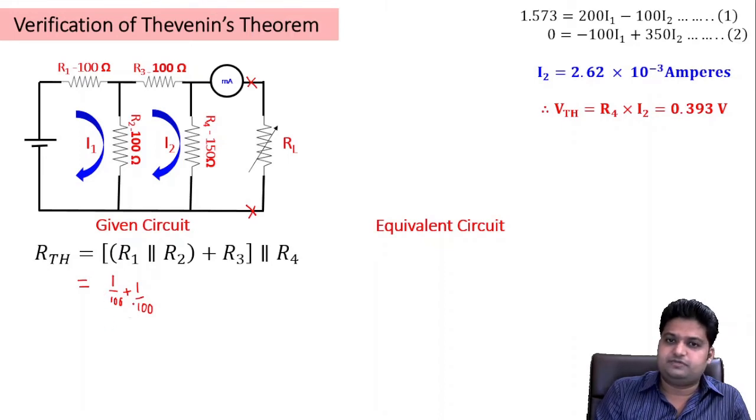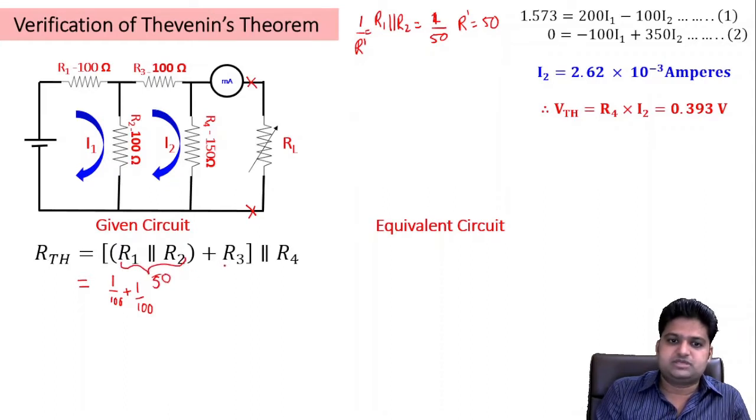It will be 2 upon 100, so it will be 1 upon 50, correct? Now this is 1 upon R prime, since it's parallel, so R prime will be simply 50. This combination will be 50 ohms, right?